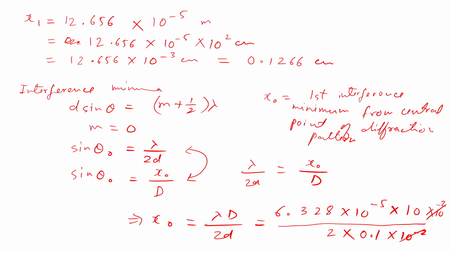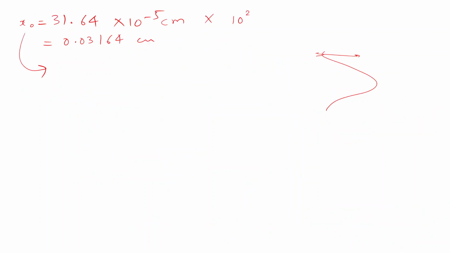I think I did some mistake. 6.328 multiplied by 10 divided by 2 and divided by 0.1 is 316.4. I made this mistake. Then in millimeter it will be 0.03164 millimeter. One decimal digit problem was occurring. Okay, this is the first interference minima under the first diffraction minima.